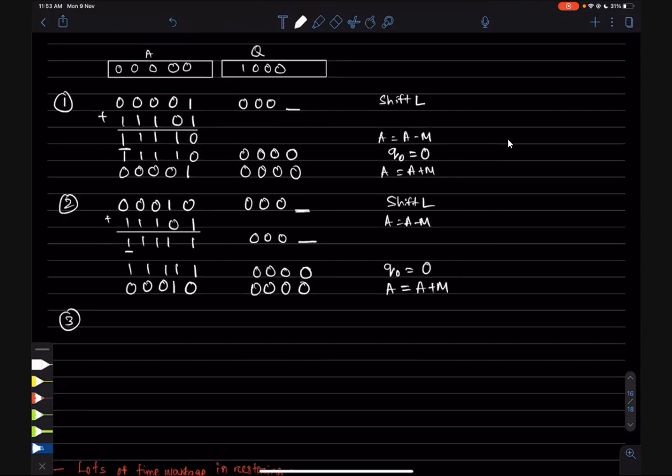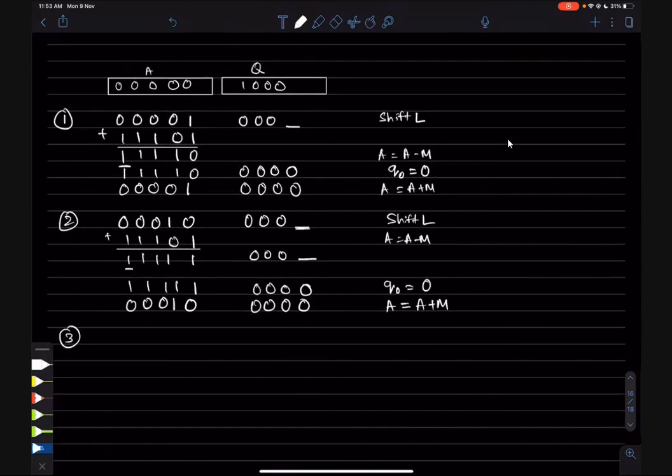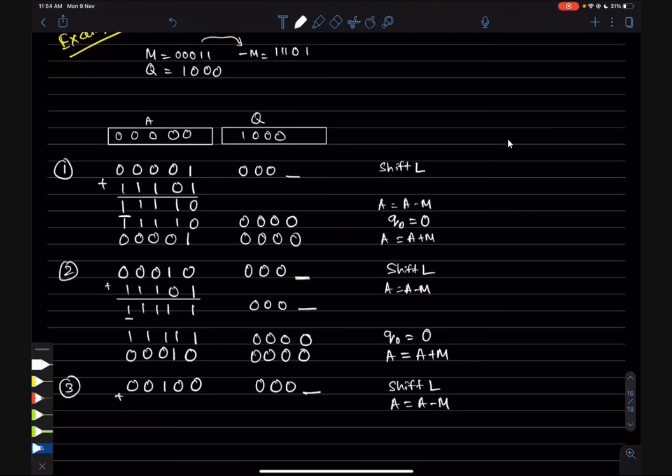In the third cycle we will again do the shift operation, shift left, that is the first instruction. So let's shift it: 0 0 0 1 0 0, and this is 0 0 0 and blank. Then again we will do a is equal to a minus m, which is equivalent to adding 1 1 1 0 1.